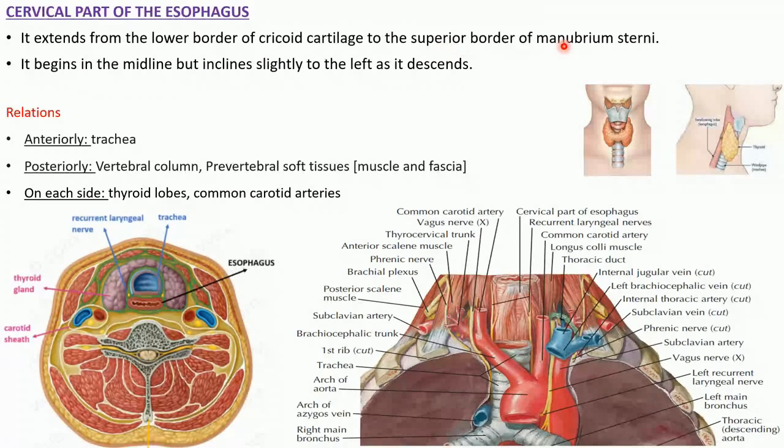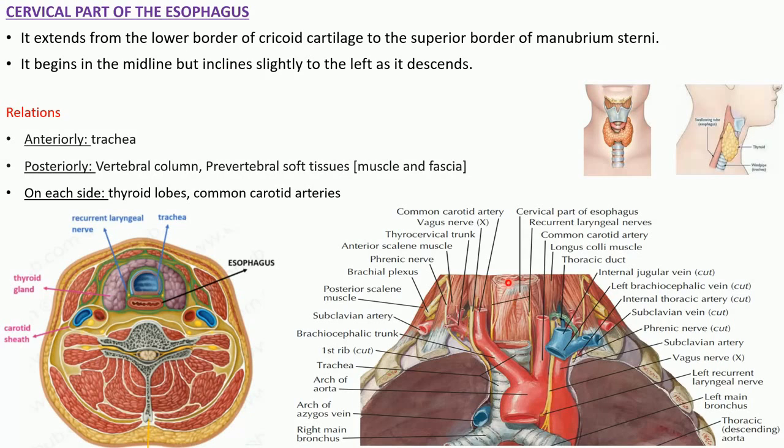You can say to the level of the thoracic inlet. Of course, in front of it, we shall have the trachea. This is the trachea, though it's cut, but it's going to be in front of the cervical part of the esophagus.